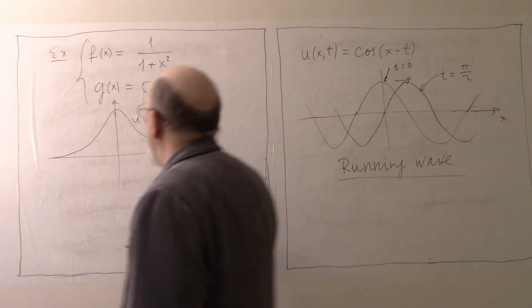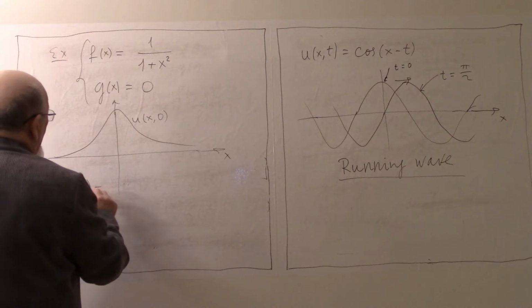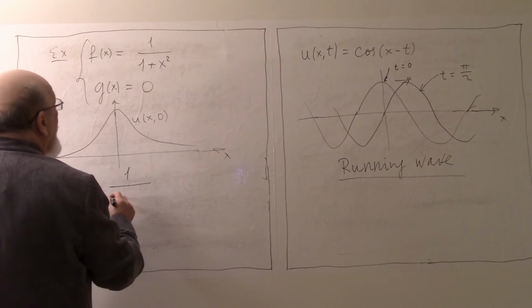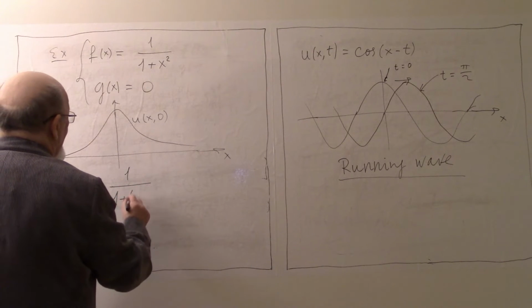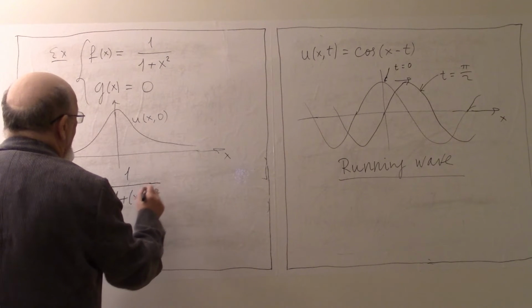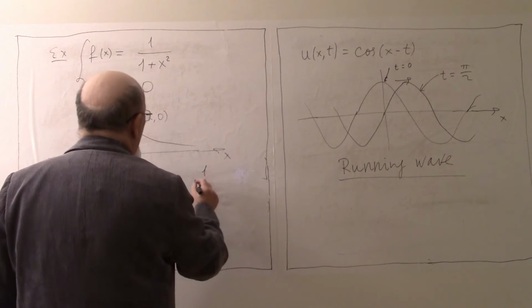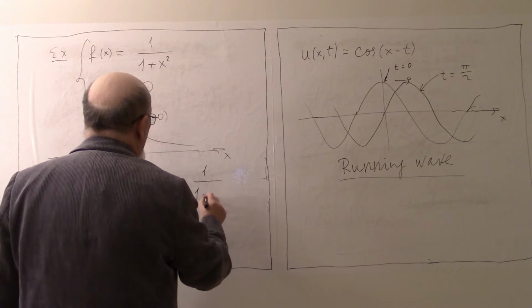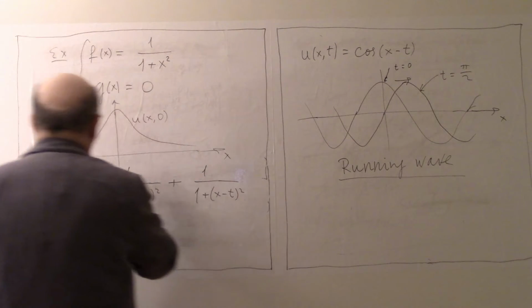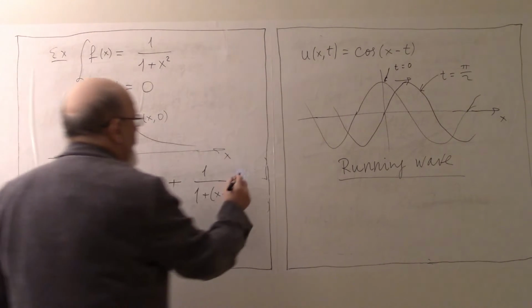And now the solution u of x, t equals 1 over 1 plus x plus t squared plus 1 over 1 plus x minus t squared, and all this times 1/2.